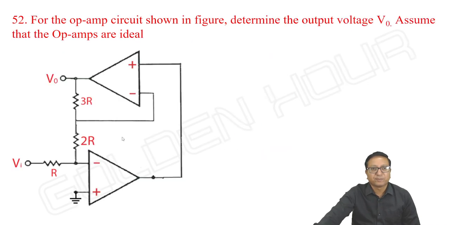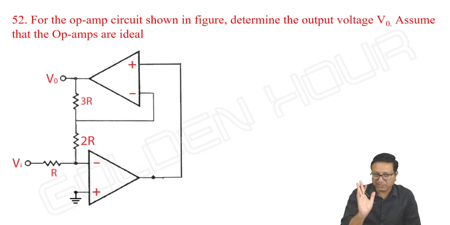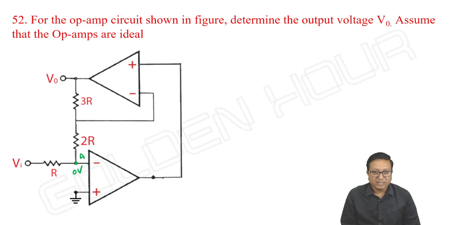Right. Next. For the op-amp circuit shown in the figure, determine the output voltage, assuming that the op-amps are ideal. See, the circuit appears so, but there is nothing in that. Generally, what we do is apply virtual short and take the node equation, as I told. Due to virtual short, it is 0 volts. Let me take this as node A. Before taking this node equation, we think of this voltage because here also there is a node.